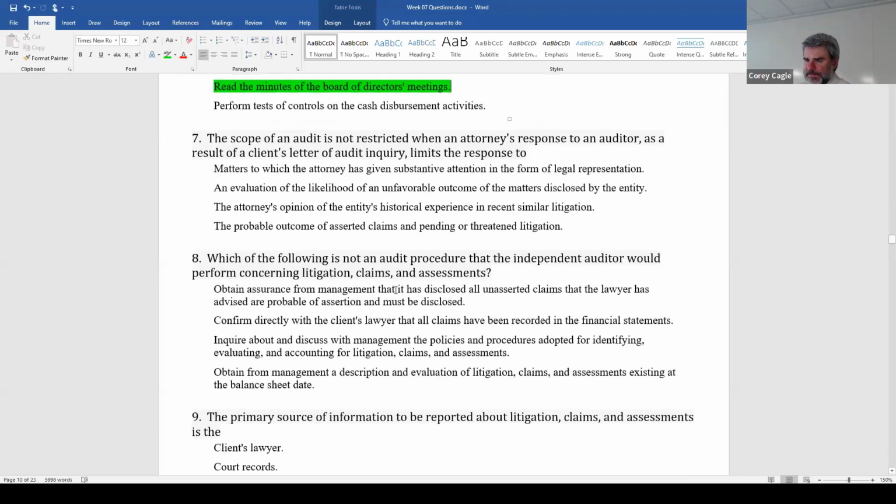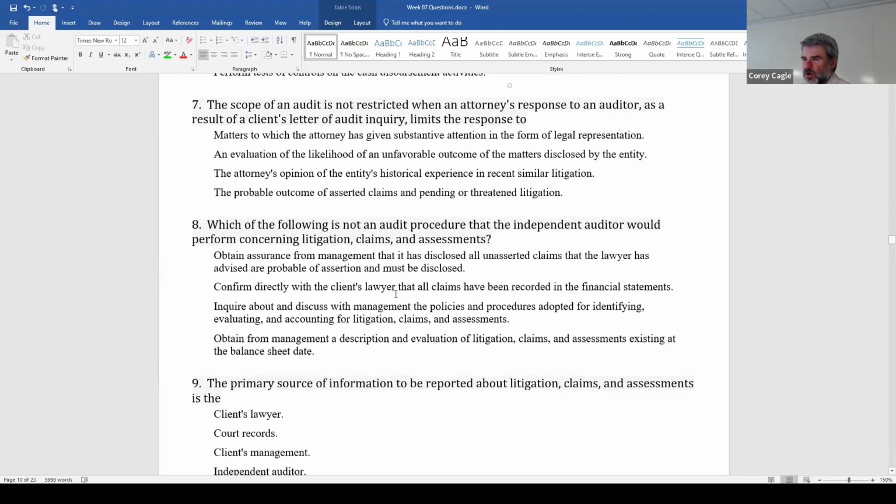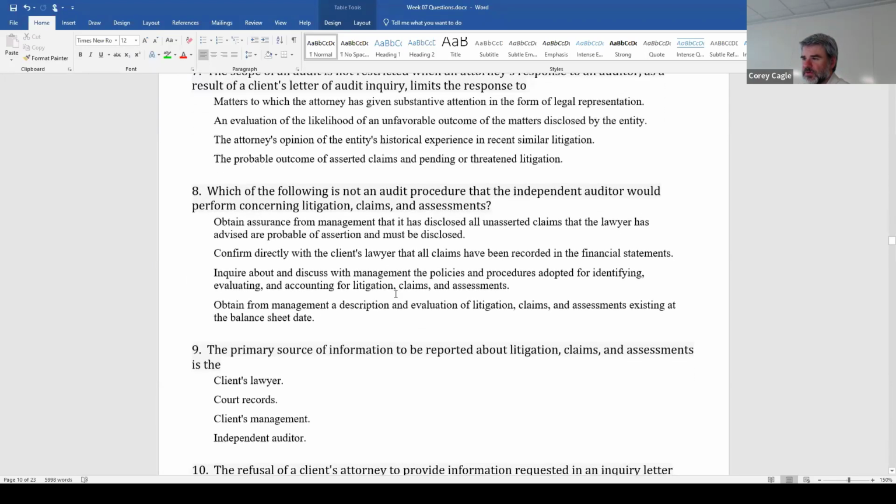Number 8, which of the following is not an audit procedure that the independent auditor would perform concerning litigation? A says, obtain assurance from management that it has disclosed all unasserted claims that the lawyer has advised are probable of assertion and must be disclosed.